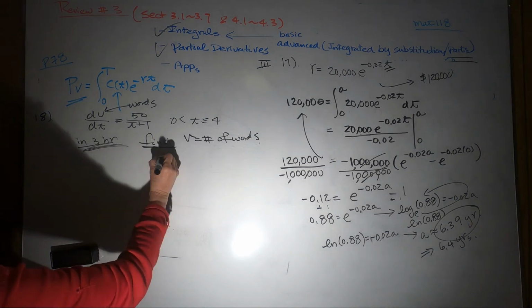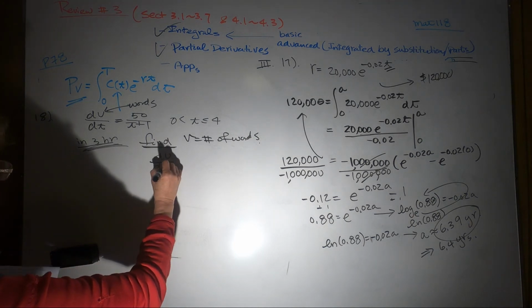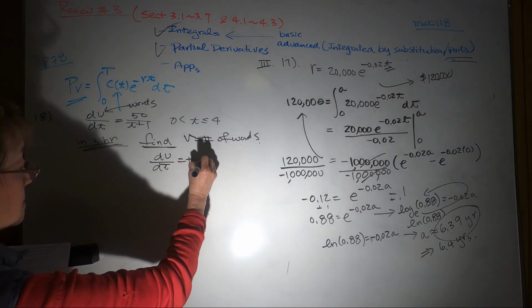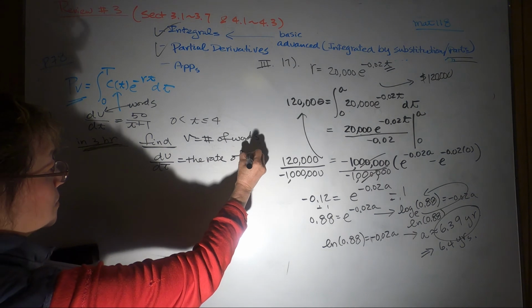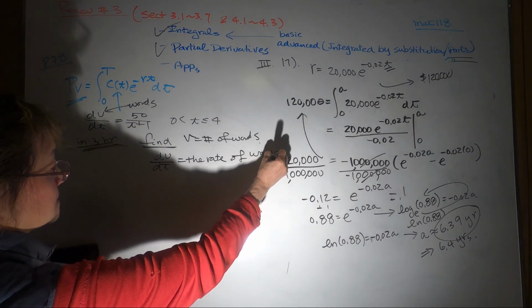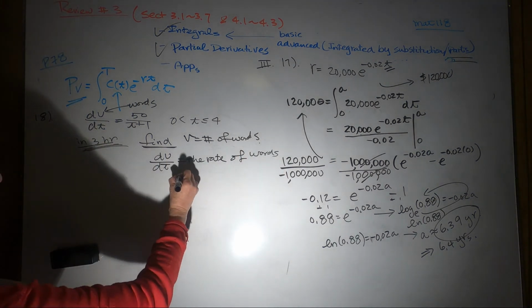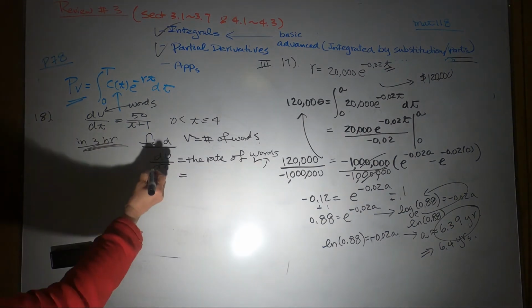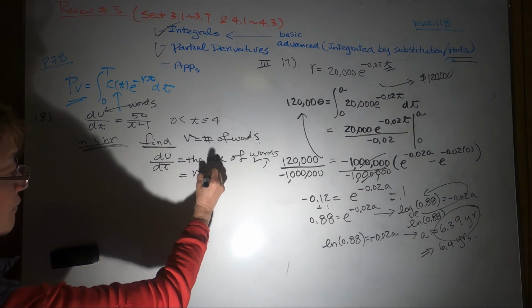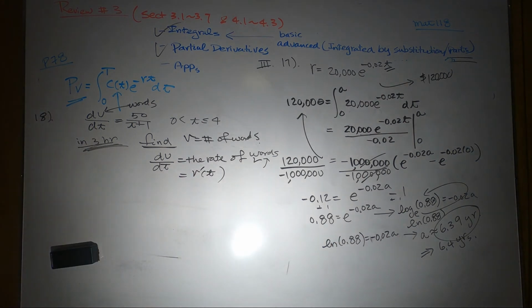Then we know the rate, dv dt, is what? The rate of the words memorized, right? That means this is your V, then the rate would be what? V prime of t. Is that right?